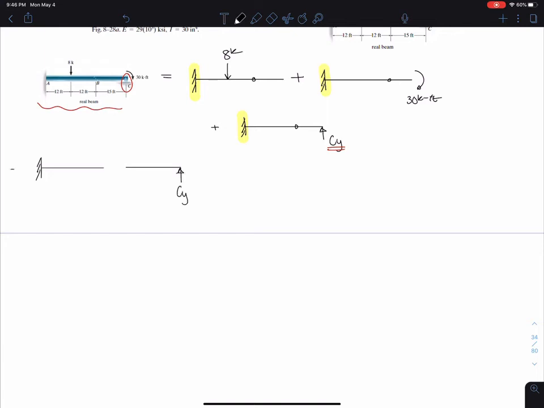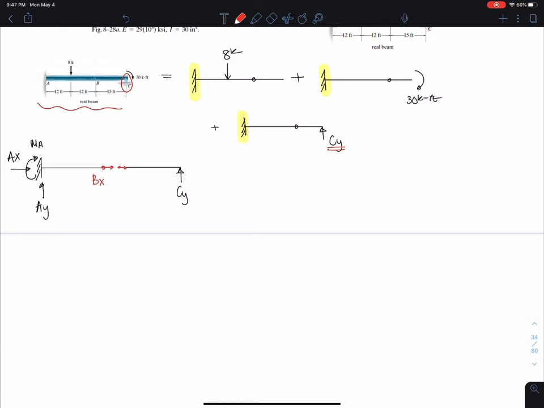Here I have a CY. Here I have an AX, an AY, an MA. And then here I've exposed equal and opposite BX.